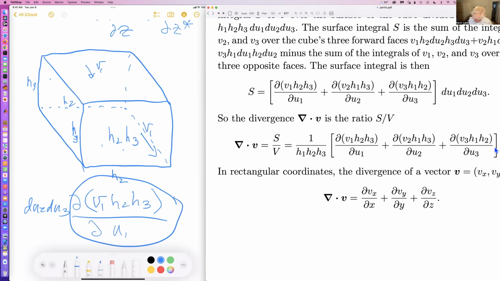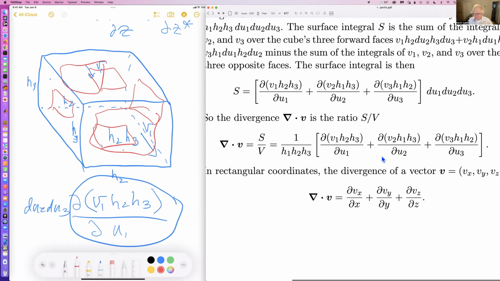So you have, for example, this face minus this face, and then this face minus this face, and then the top face minus the bottom face. And that gives you these three terms. You differentiate because you want the value on the front minus the value on the back. So this is the general formula in orthogonal coordinates.